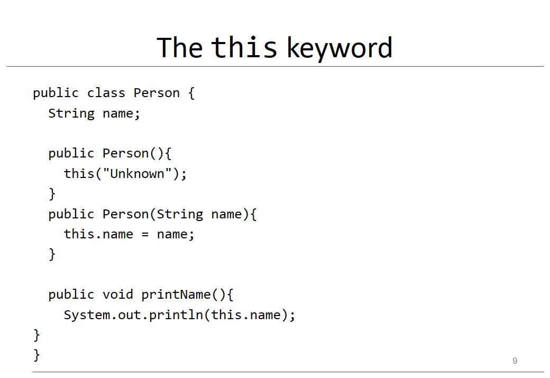The second constructor has one input argument name. To avoid ambiguity between the instance variable name and the local variable name, you can see that the this keyword has been used. Also note that the first constructor uses the keyword this to call the second constructor with the input argument "unknown".